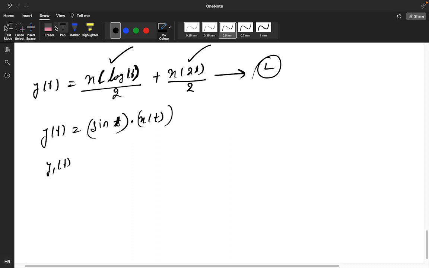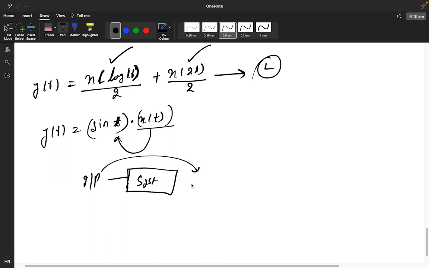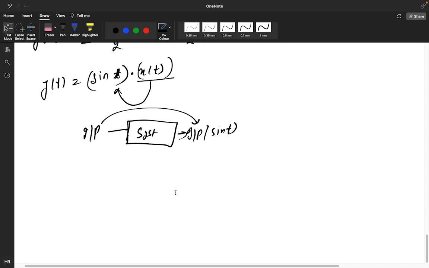What is the system? The system is just multiplying our input with sine t. This is the property of the system. If I give some input, that input is multiplied with sine t.